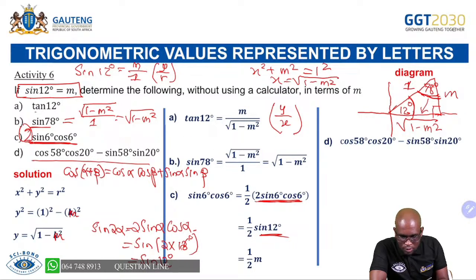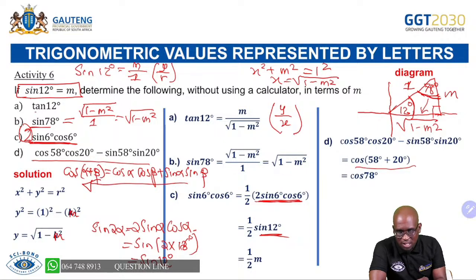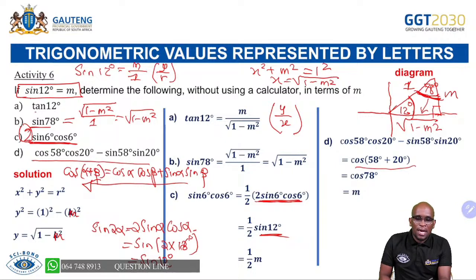So we will get that this would be the cosine of 58 plus 20, which is the cosine of 78. You can see 78 is on the diagram, and the cosine is adjacent over hypotenuse, which would be m divided by 1, which gives us m. So that's how you were supposed to do it.